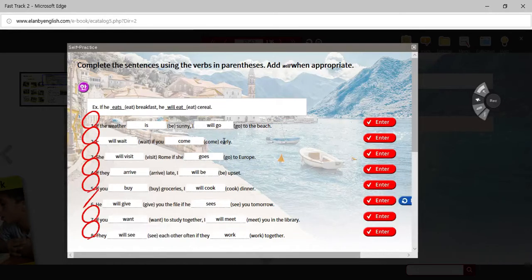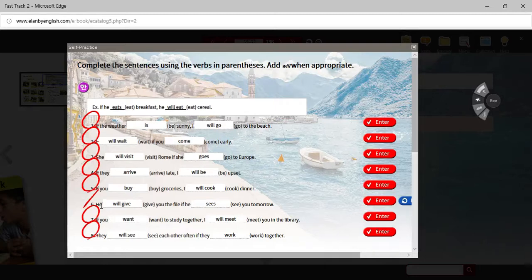If you come early, I think you're doing the waiting. So the grammar is correct, but it doesn't communicate clearly. I'm very confused. So again, number 2, confused, but good grammar.